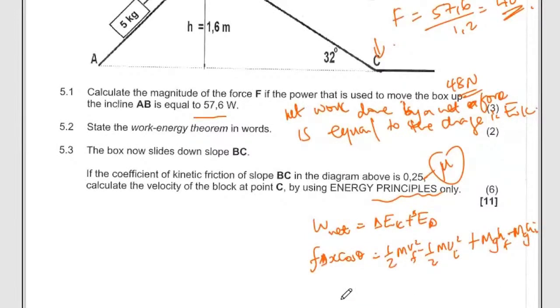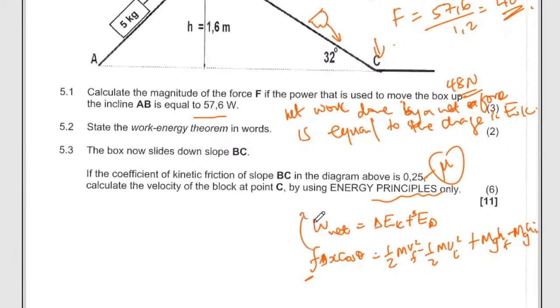Now we know that the force was 48. But remember, this F is for the frictional force, the work done by the frictional force. If you look at the free body diagram, we can also use the forces and get the velocity, but let me stick to this.